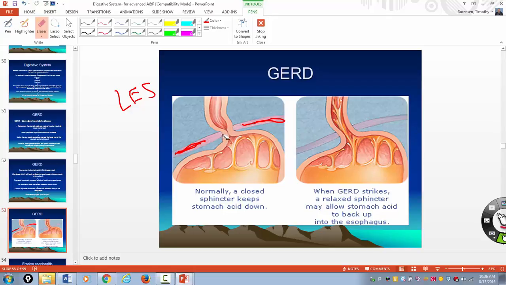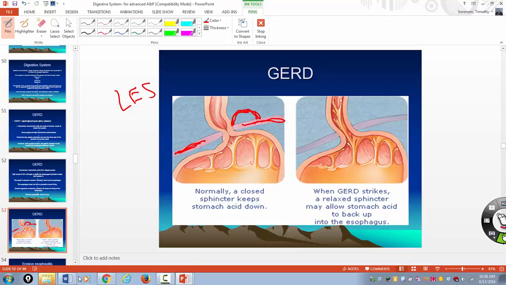So a hiatal hernia refers to the fact that this little hole, this hiatus, the esophageal hiatus, actually gets bigger, and the top part of the stomach actually ruptures through the diaphragm into the thoracic cavity. So if you have a part of your body that is not in the right cavity, that means that part of the body has herniated. So you have what's referred to as a hiatal hernia.